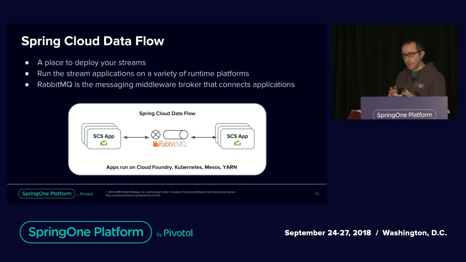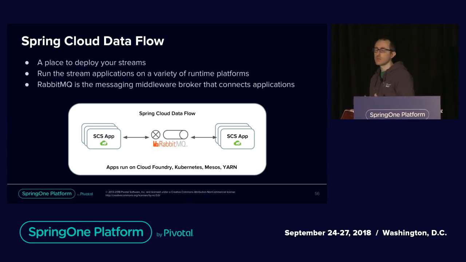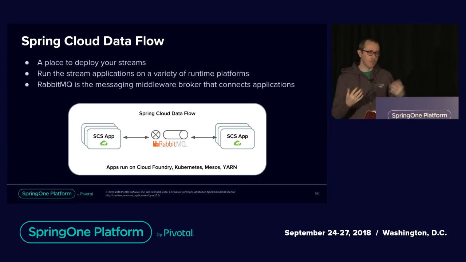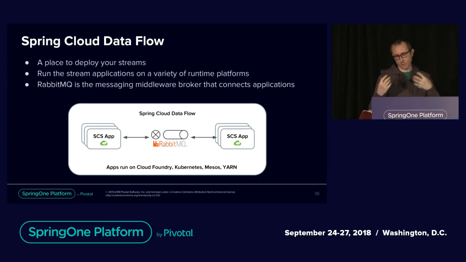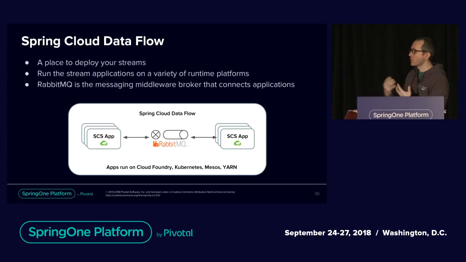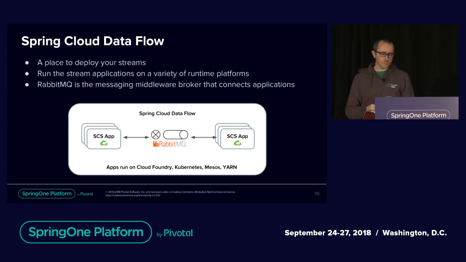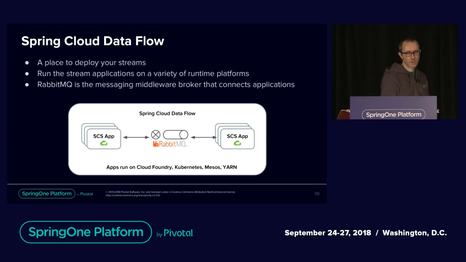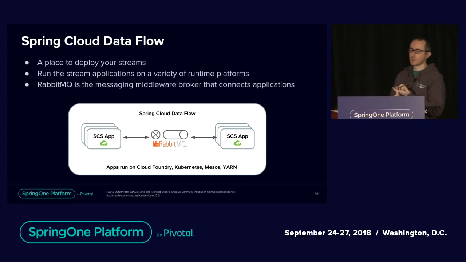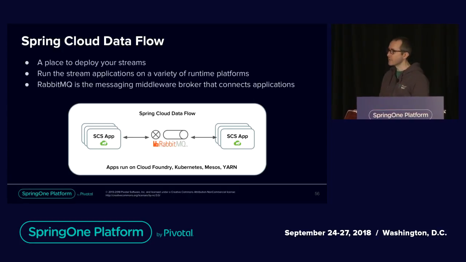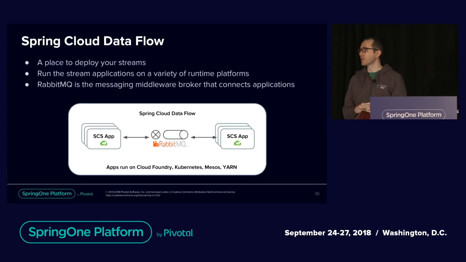RabbitMQ will again be the messaging middleware to make your applications work together and communicate with each other. And the interesting part is being able to deploy on different platforms thanks to Spring Cloud Data Flow, like Cloud Foundry, Kubernetes, Mesos, or Hadoop with YARN.